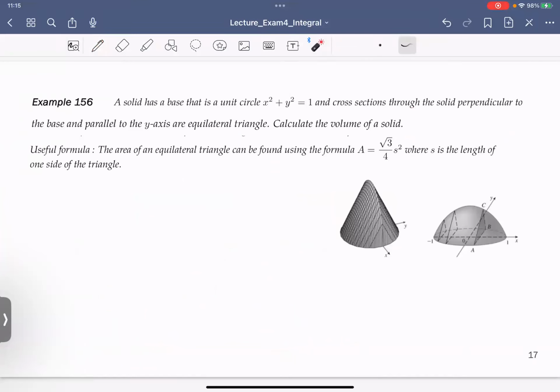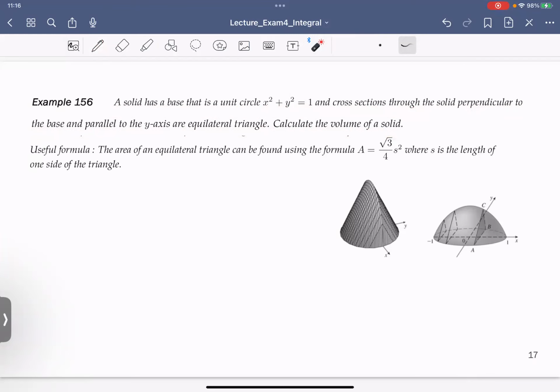A solid has a base that is a unit circle x squared plus y squared equal to 1. The cross sections of the solid perpendicular to the base and parallel to the y-axis are equilateral triangles. Can you calculate the volume of the solid?